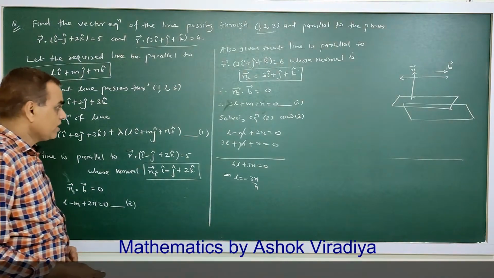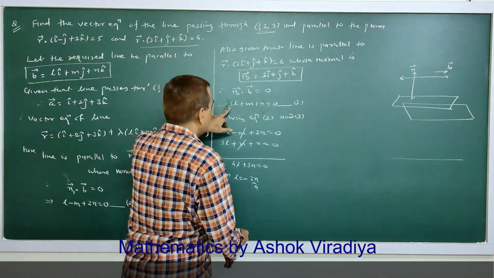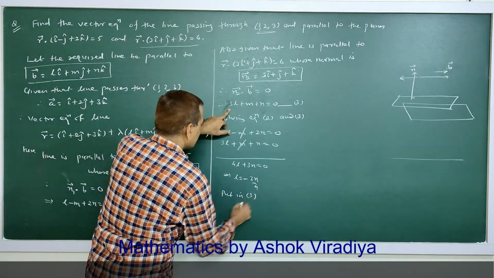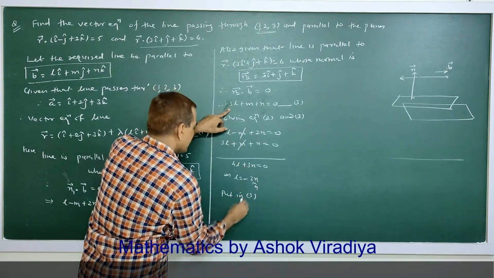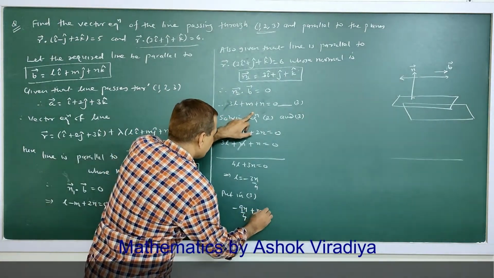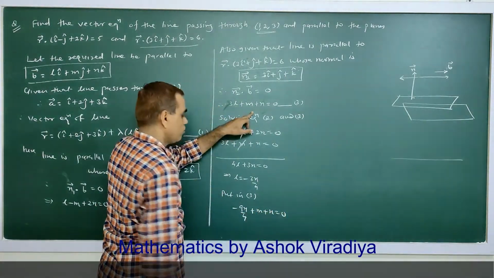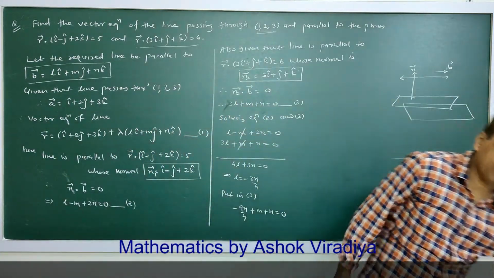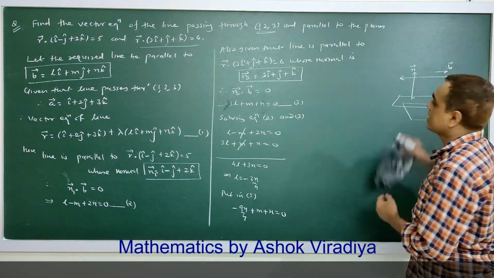Putting this value in equation 3, putting in the value of L, that is minus 9n by 4 plus m plus n is 0. So we can get the value of m. Value of L is obtained.